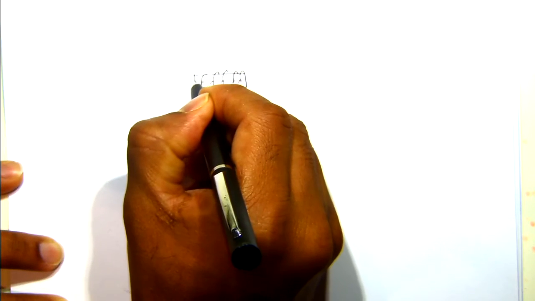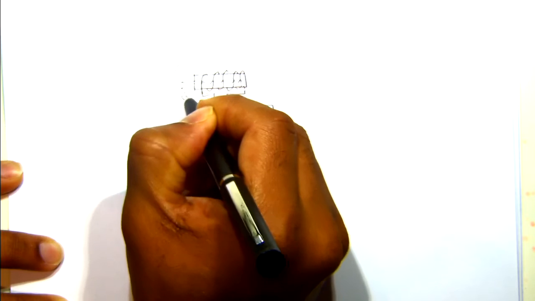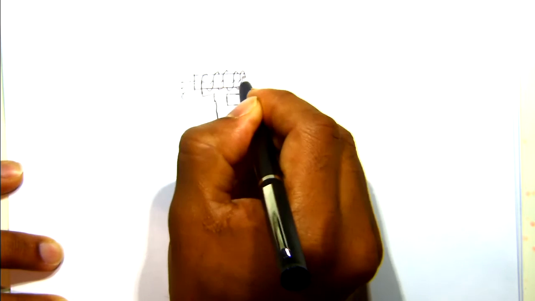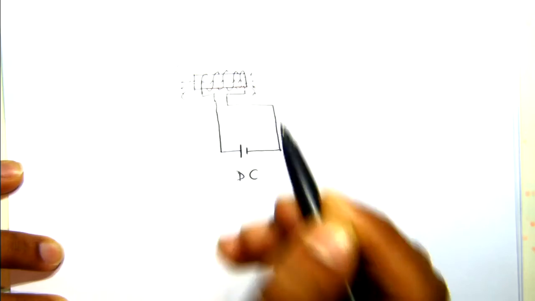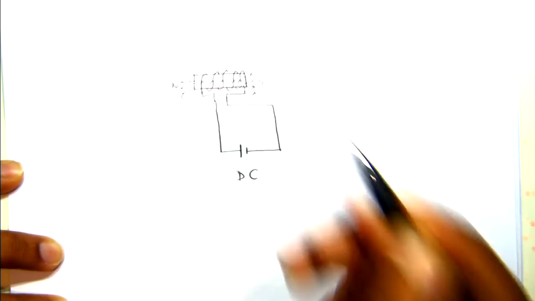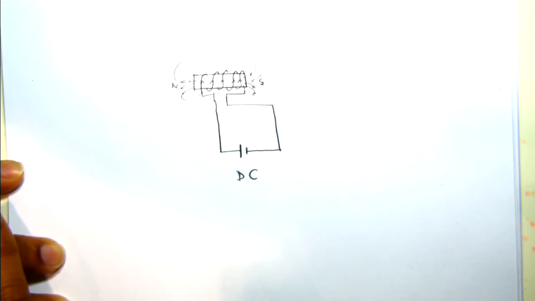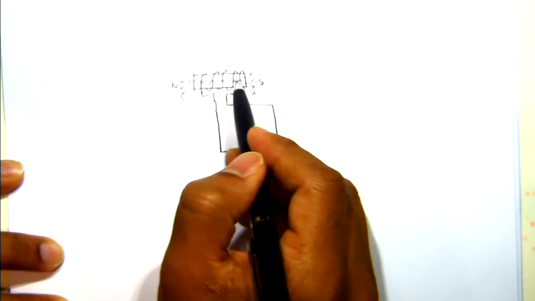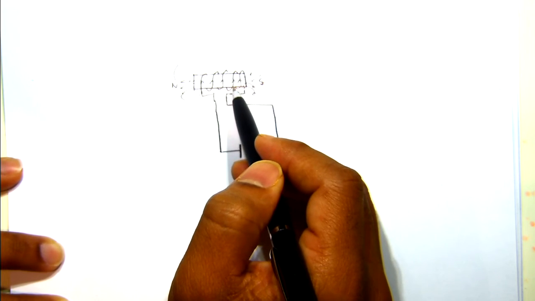The magnetic field is coming out this way and entering this way. Let's say this is North Pole and this is South Pole. This is just basic. We will use this solenoid or magnetic field as the rotor of our synchronous machine.